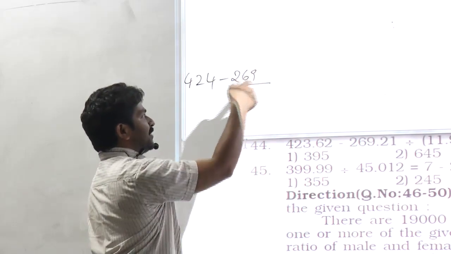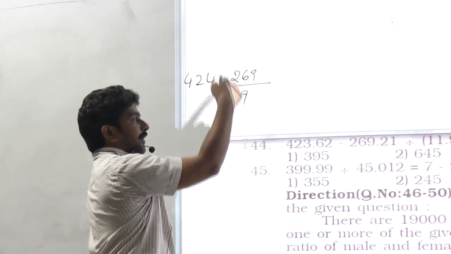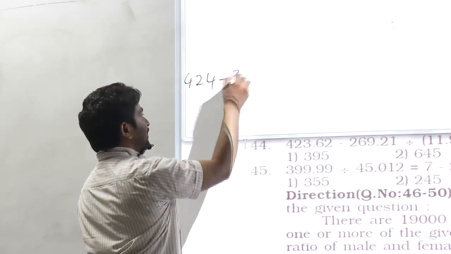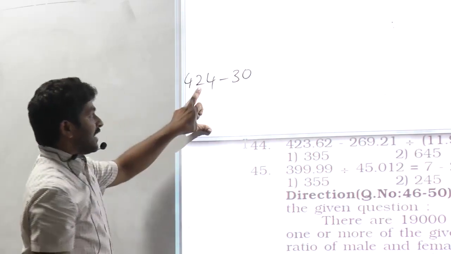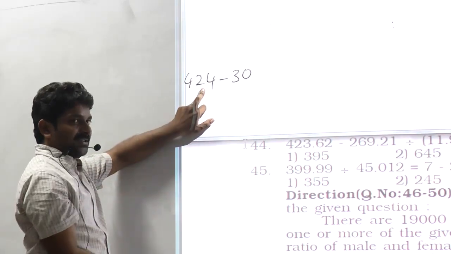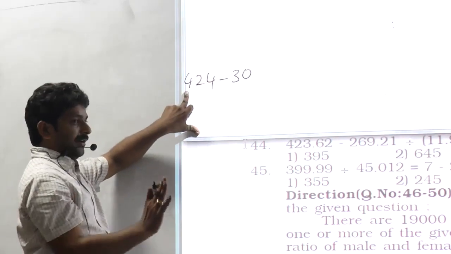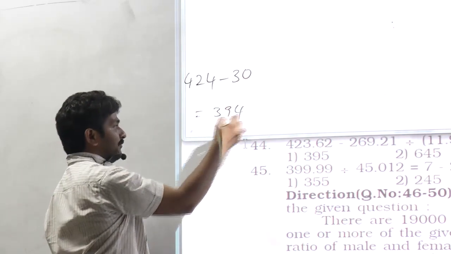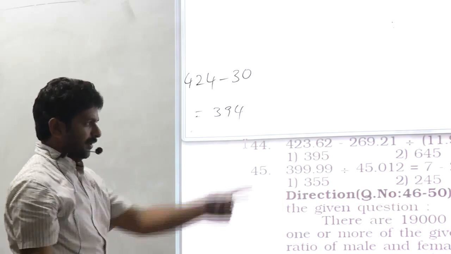If you treat this number as 270, how many times? 30 times. So this value becomes 30. As you have 24 here, subtract 24 and then you subtract 6. When you subtract 24, you have 400. Still you need to subtract 6. Answer 394. Answer should be close to that. 395.